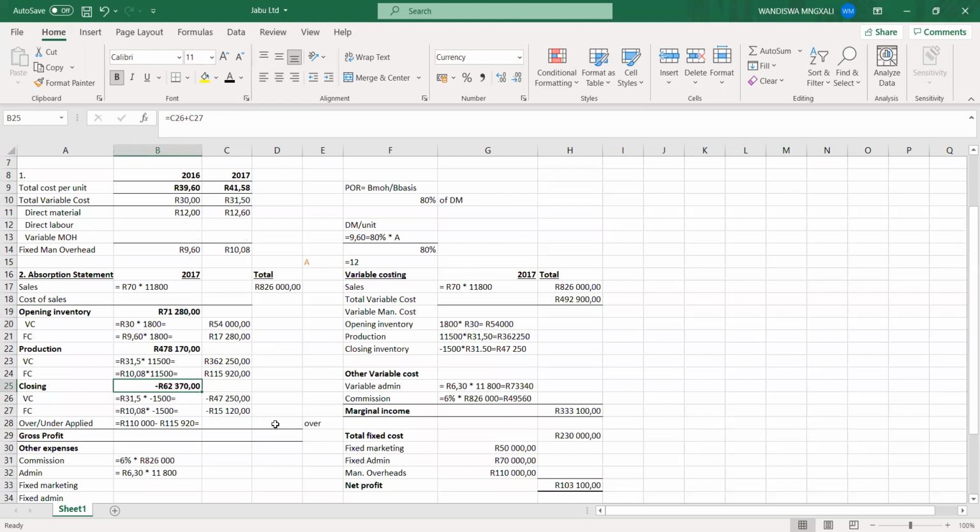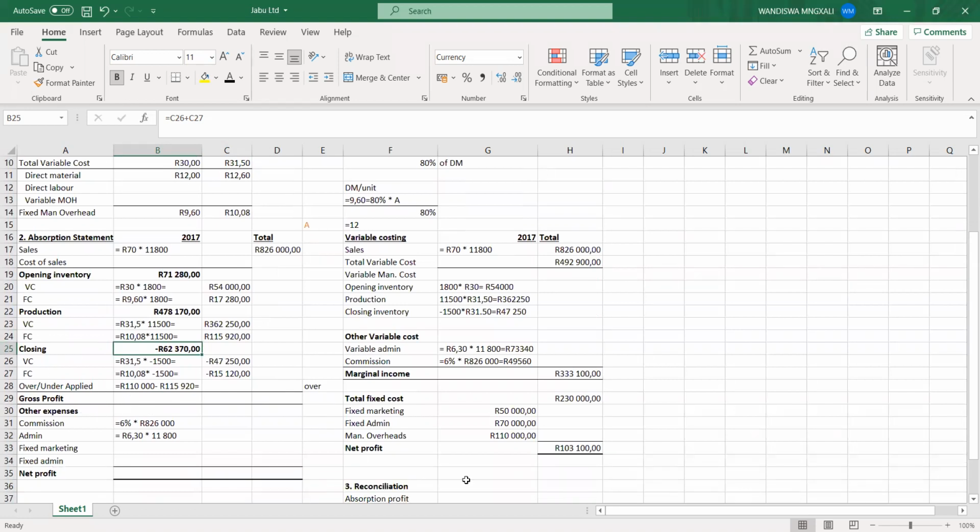to give you a total closing of minus 62,370. Right. Before we can calculate our cost of sales, we also need to take into account our over or under applied overheads. So they told us in the information block, the first one, that the actual fixed manufacturing cost was 105,000 Rand in 2016 and 110,000 Rand in 2017. So we're dealing with 2017.